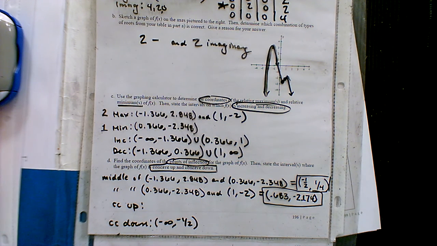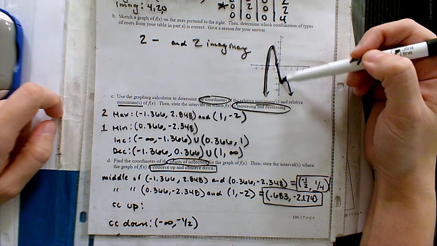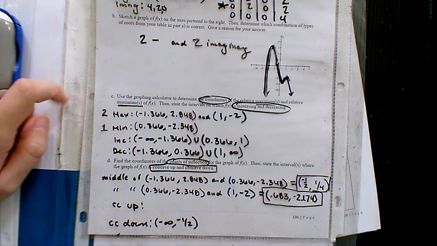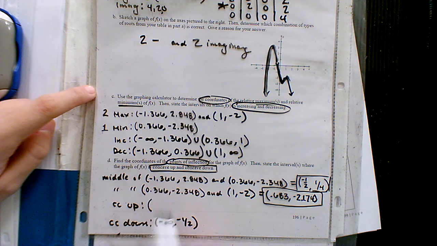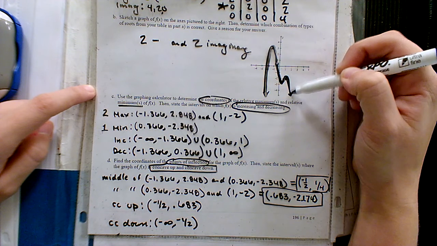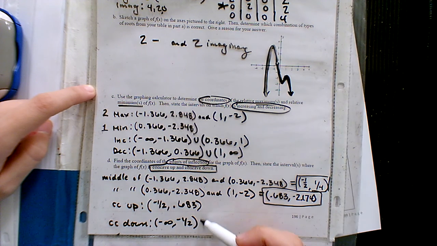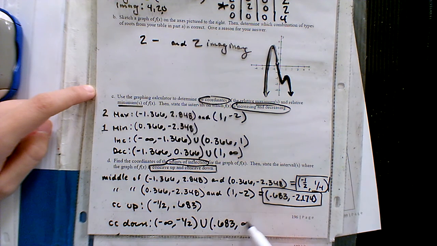If we continue to trace to the next point of inflection, notice how that would be a concave up interval. Looks like a regular parabola. So we'll go from negative 1/2 to the next point of inflection, which we said was 0.683. And if we continue to trace, we'll be concave down, upside down parabola, the rest of the way. So we'll throw in a U for concave down, and we'll go from 0.683 to positive infinity.